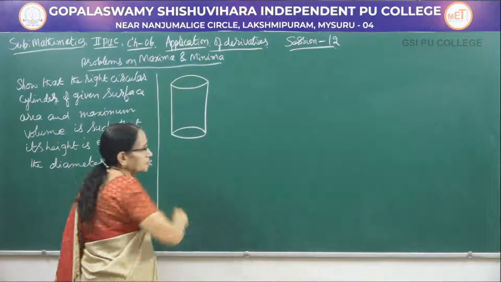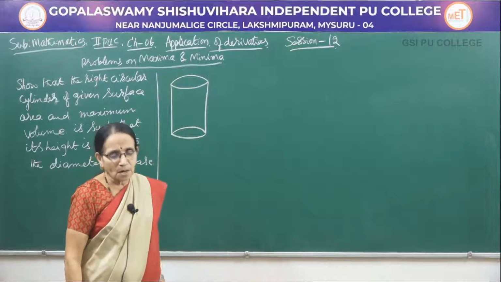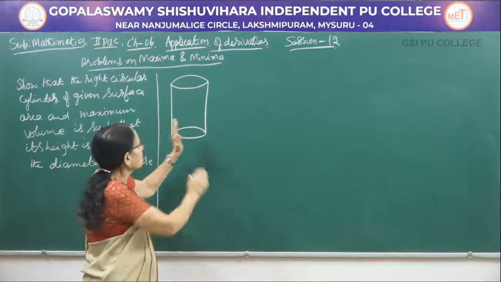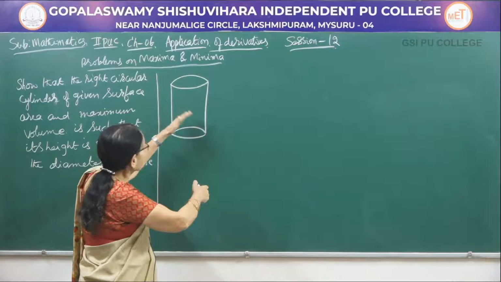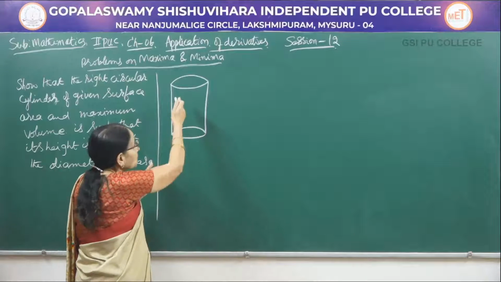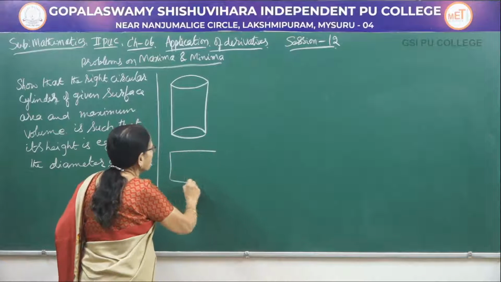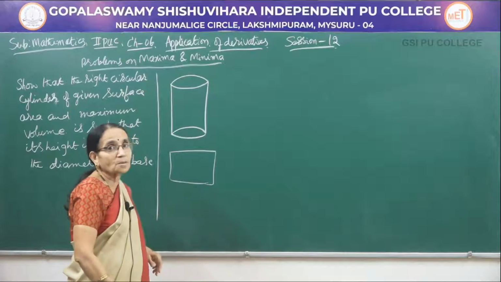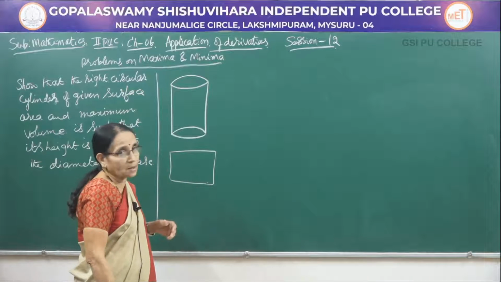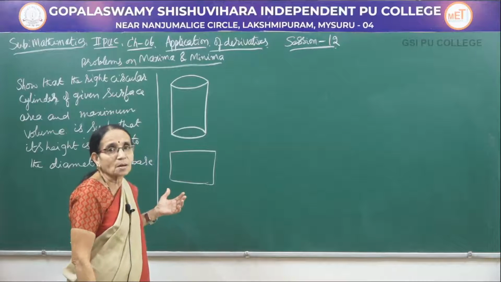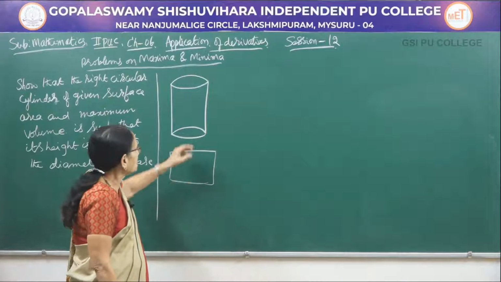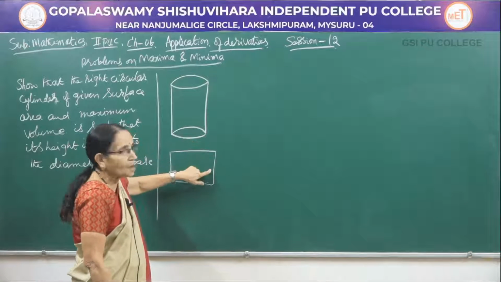This is the cylinder. Now surface area means, suppose you cut it open. If you cut it open, it takes the shape of a rectangle. What is the area of the rectangle? The length into breadth. Breadth is nothing but the height here.